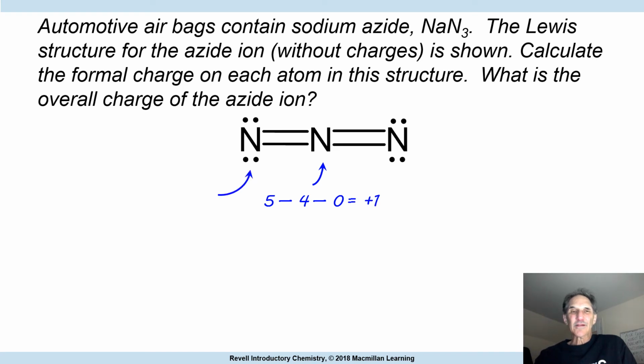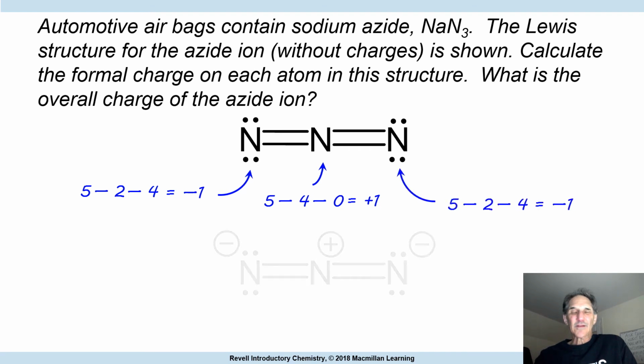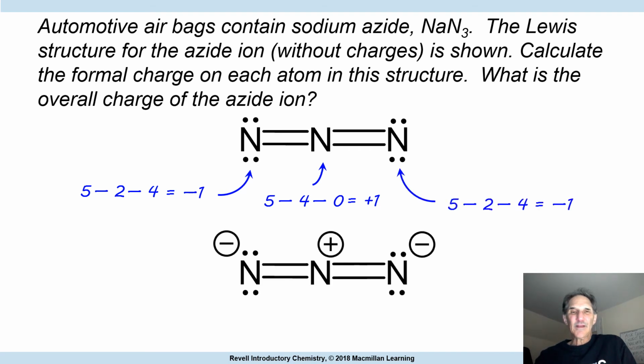Then we look at this nitrogen. It comes with 5 again to start, 5 of the neutral. Let's see how many covalent bonds. There's 2 there. And how many unshared electrons? There's 4. We come up with a -1. Well, we do the same for this one. And so this would be the charges on each of the atoms.